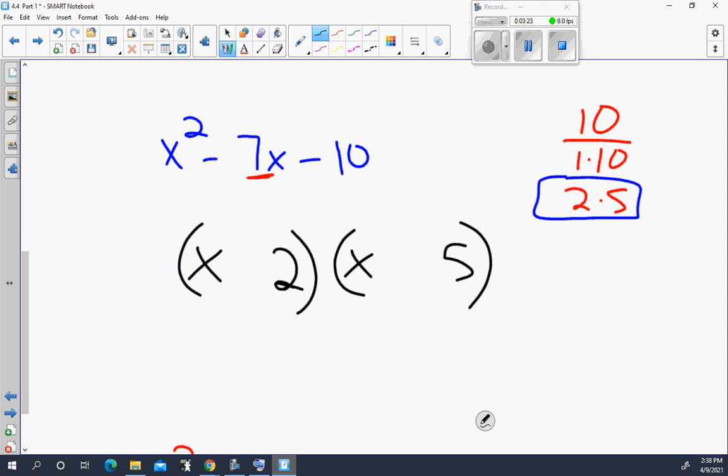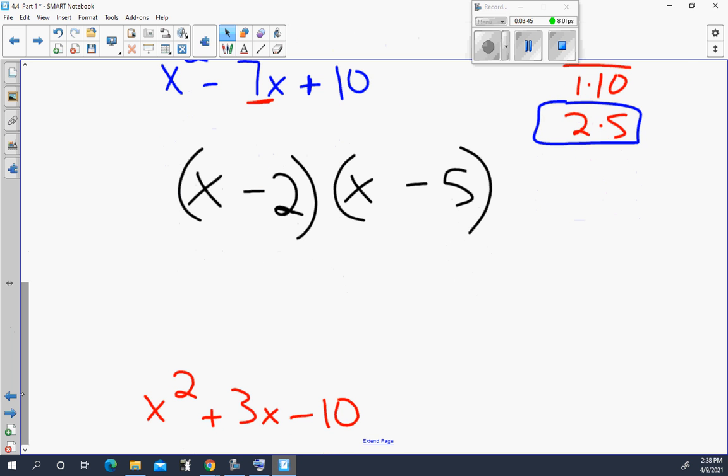Now I have to figure out which one's positive, which one's negative. Oh, I messed up here. This should be a positive 10, sorry. Well, if that's a positive 10 and it's negative 7, these should both be negative.